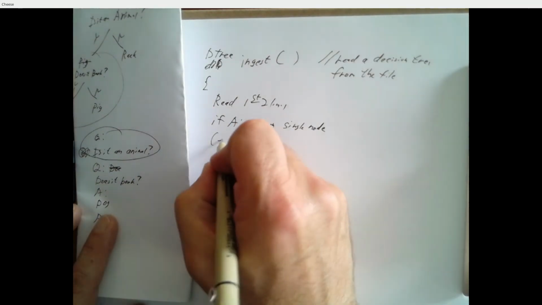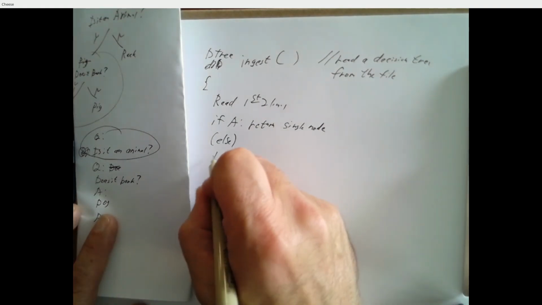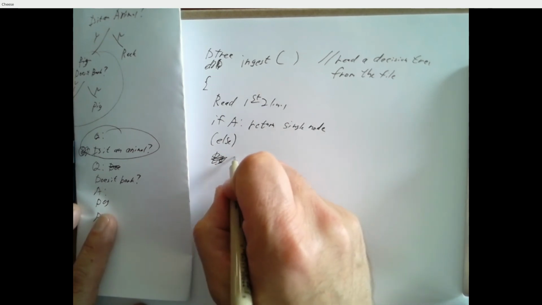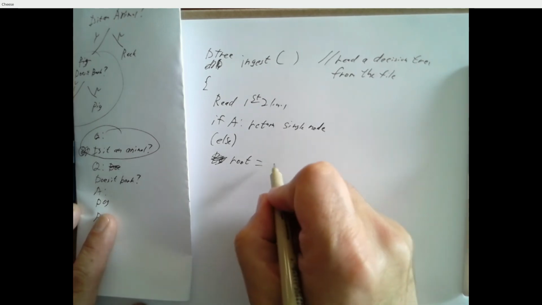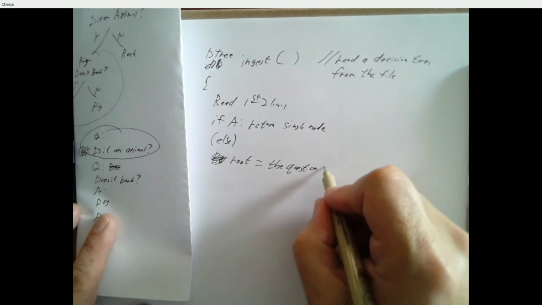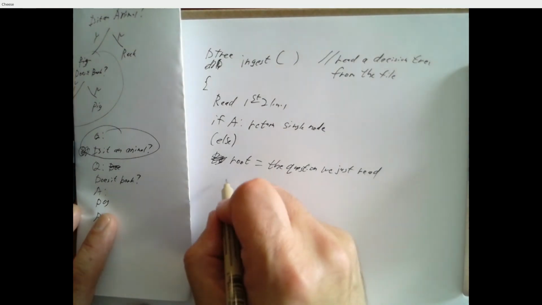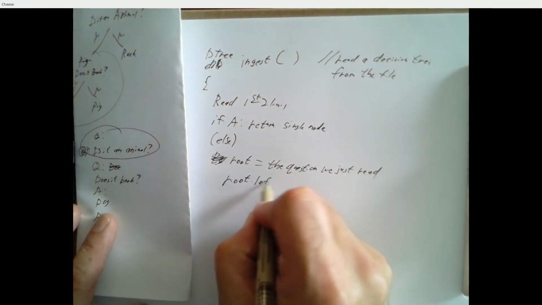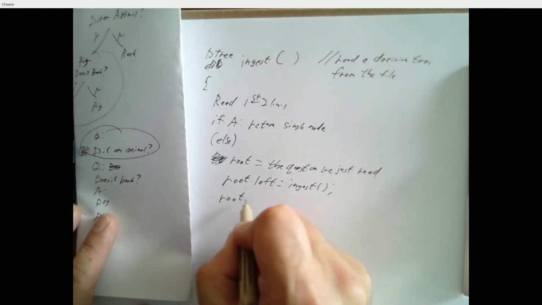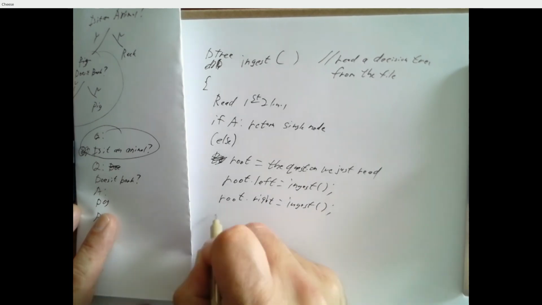Otherwise, we're going to say root equals the question we just read. And then we're going to say root.left equals ingest, and root.right equals ingest, and return root.